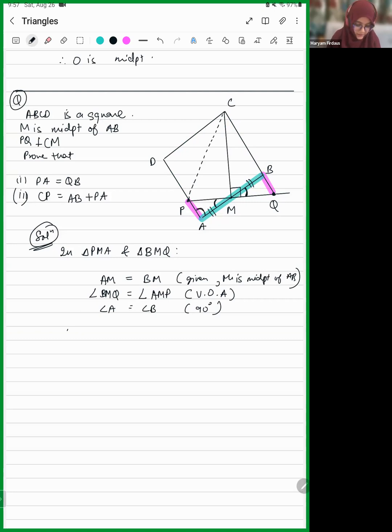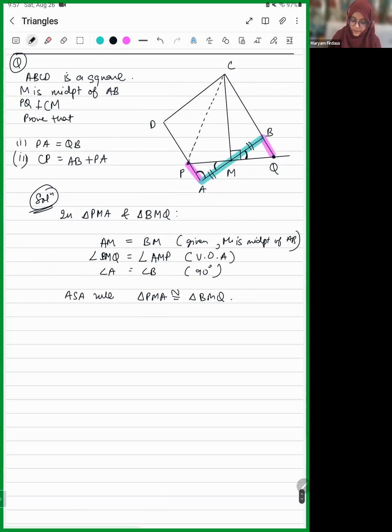So by the ASA rule, they are congruent. Okay, so that means PA is equal to QB by CPCT. PA and QB are the pink lines, okay?